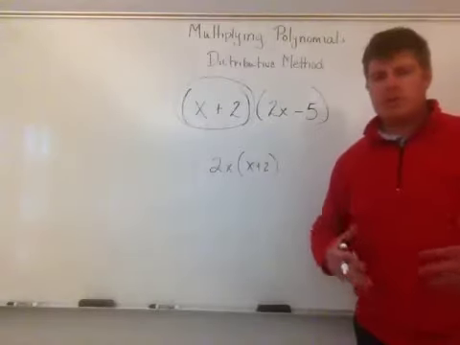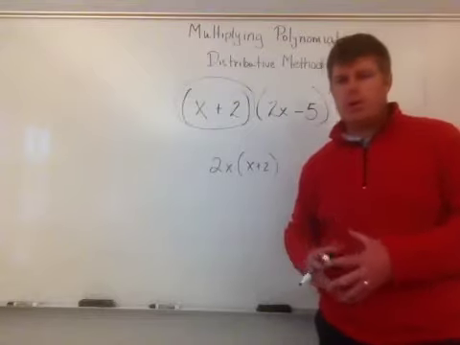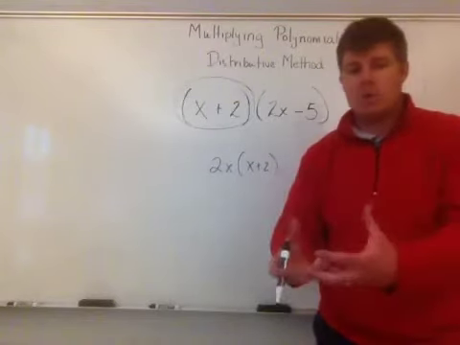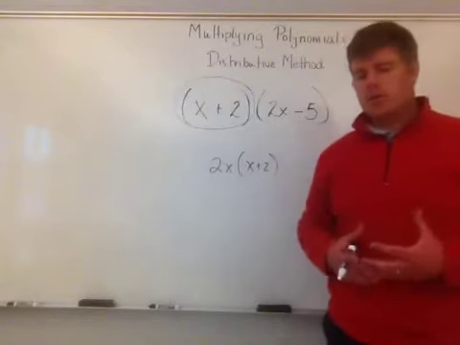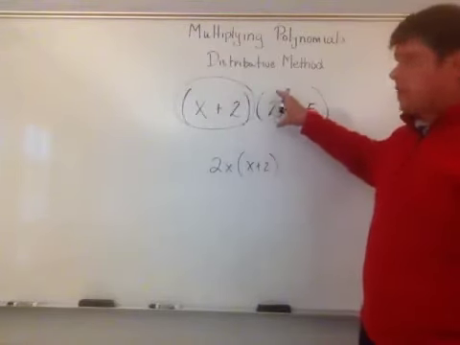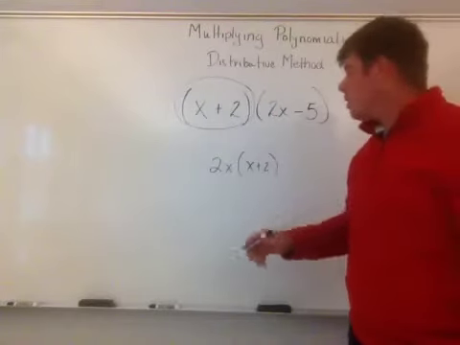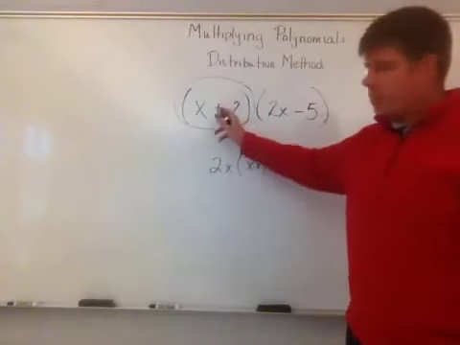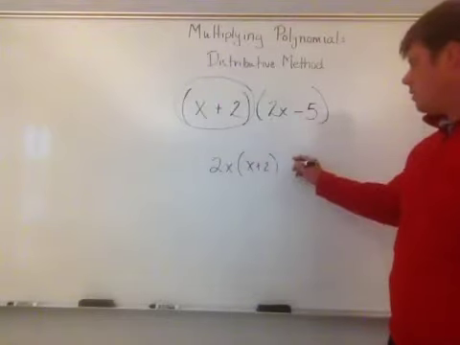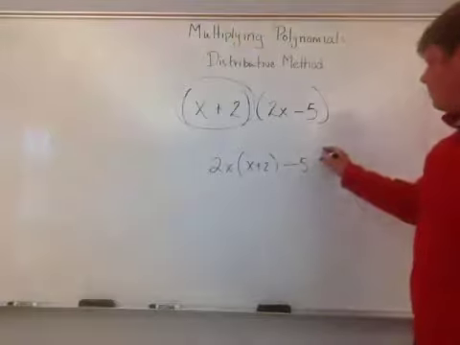Essentially what I'm distributing here is not just one number or one term, but an actual quantity, which is okay, because the distributive property just states that you can take some value and set it up as a multiplication of each term inside of that group. So I have the 2x set up as a multiplication of x plus 2. The last thing I need to do is set up negative 5 as a multiplication of x plus 2.